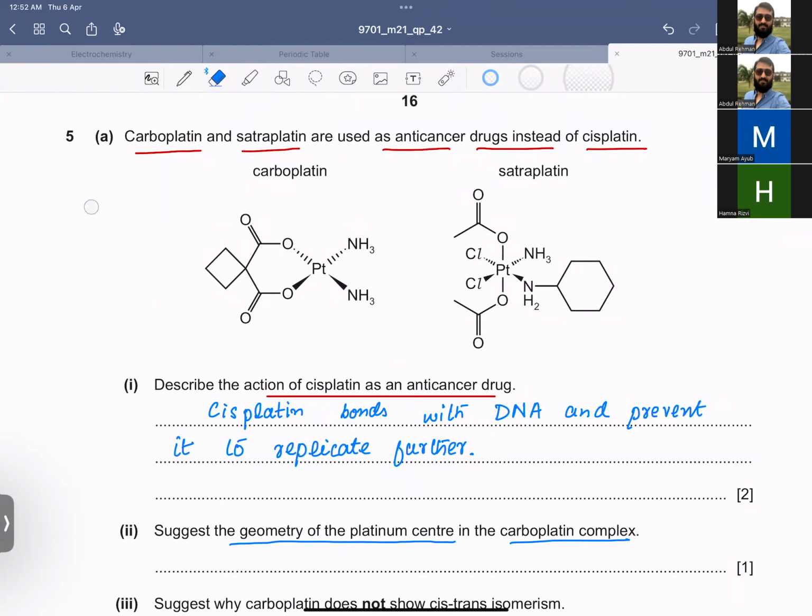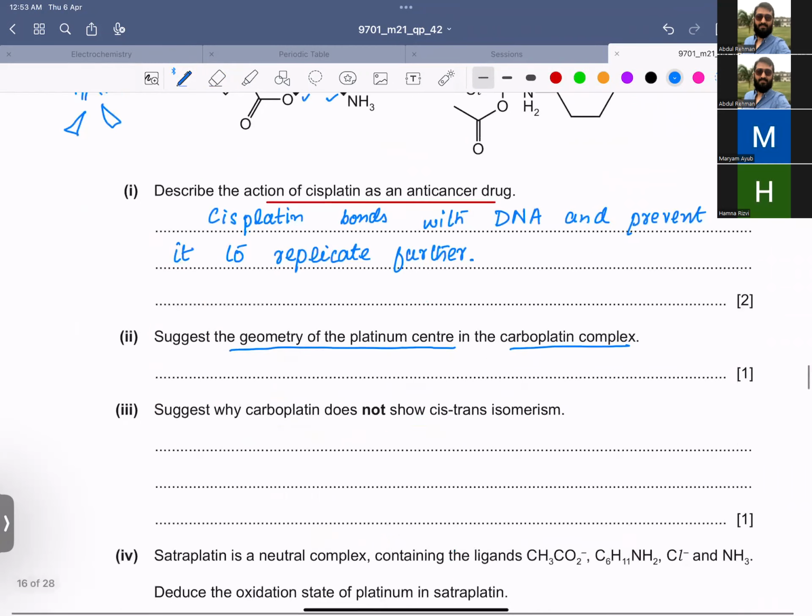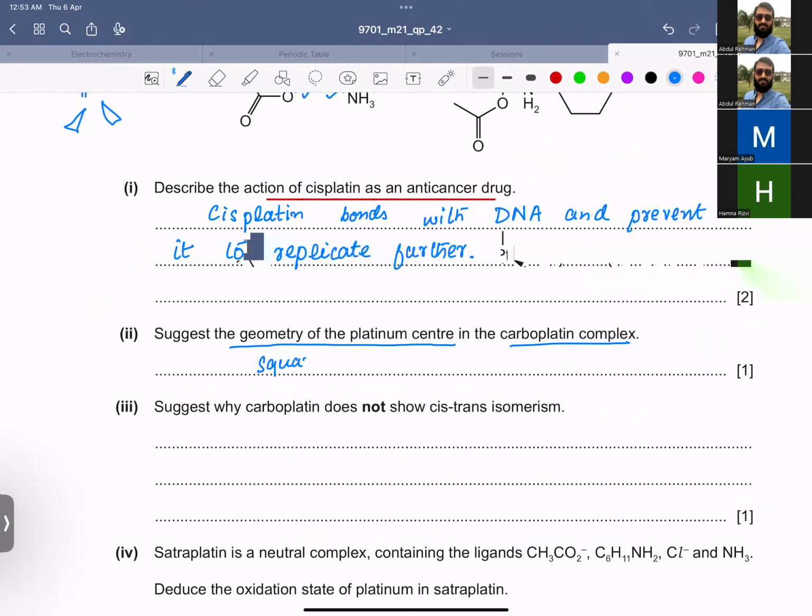But remember, for tetrahedral, two bonds are on the plane, one bond goes above the plane and one bond goes below the plane. But if you see two bonds below the plane and two bonds above the plane, then it is square planar. Yes, is this understandable to everyone?